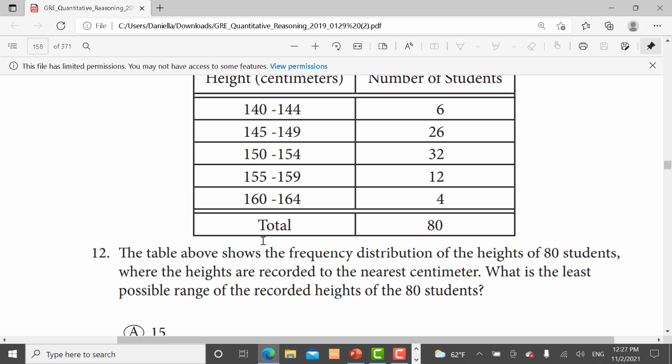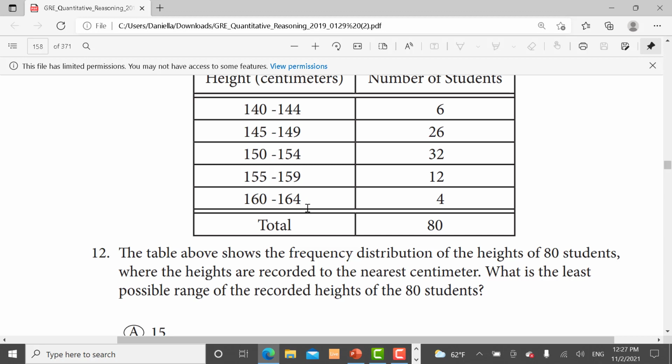Before we find the answer, we have to know what the range of a data set is. The range of a data set is the difference between the smallest value and the highest value. Here we know that the smallest possible value should be somewhere between 140 and 144, and the highest possible value should be somewhere from 160 to 164.